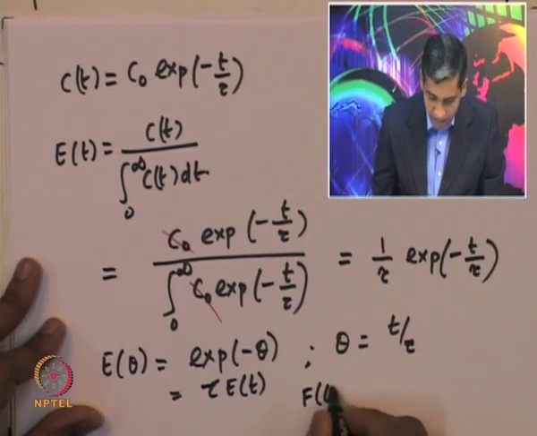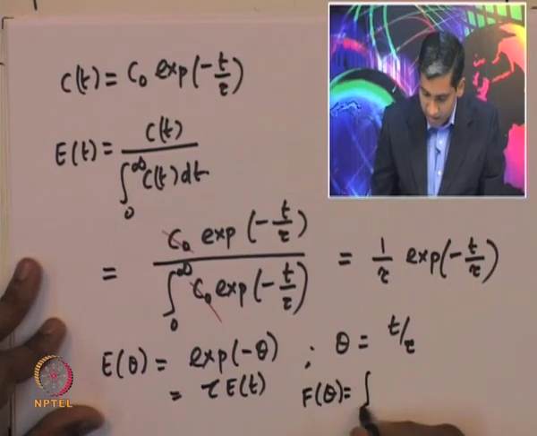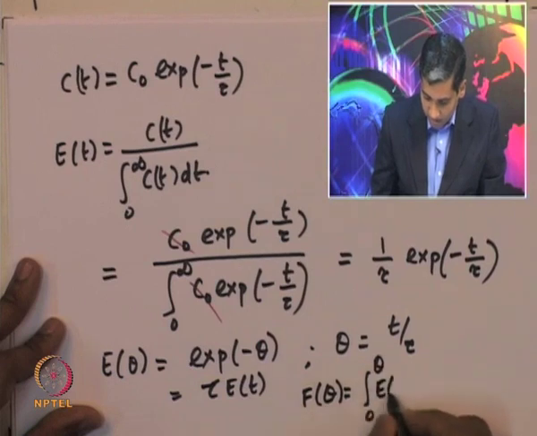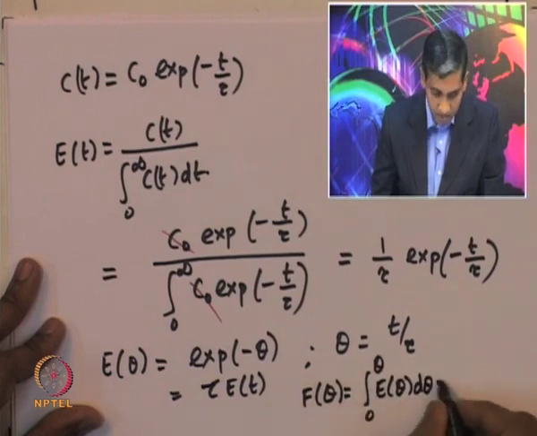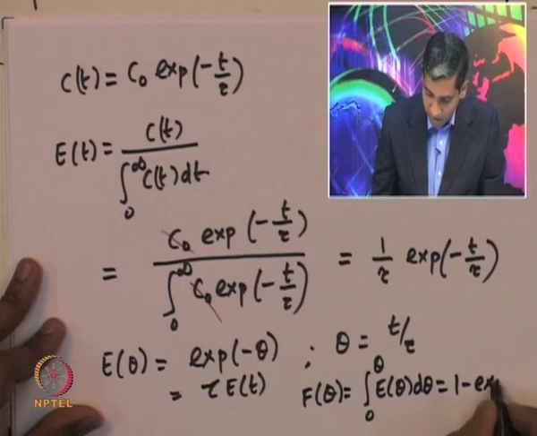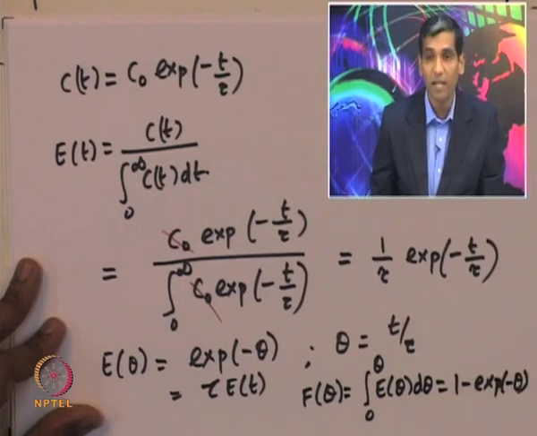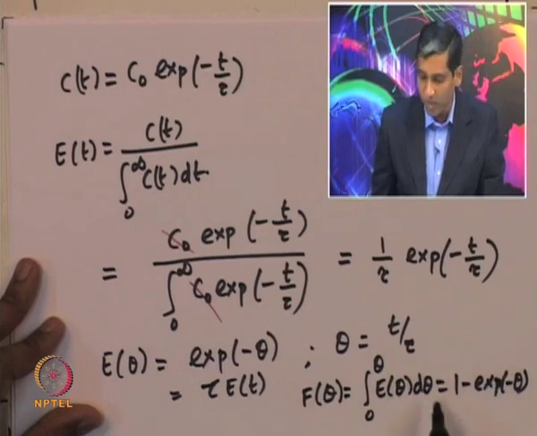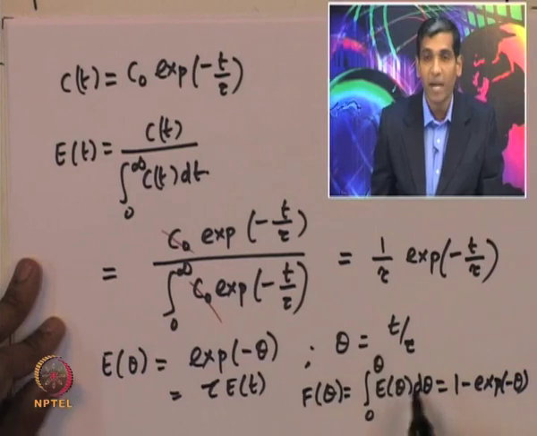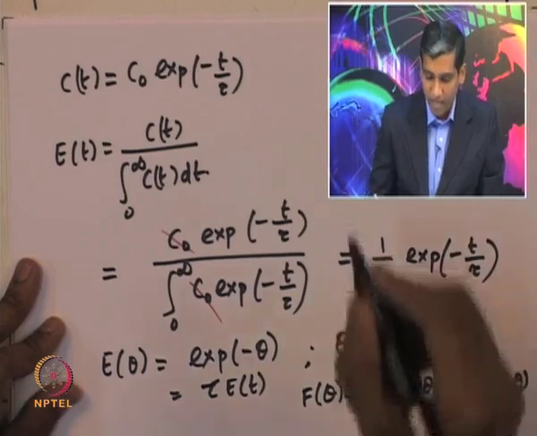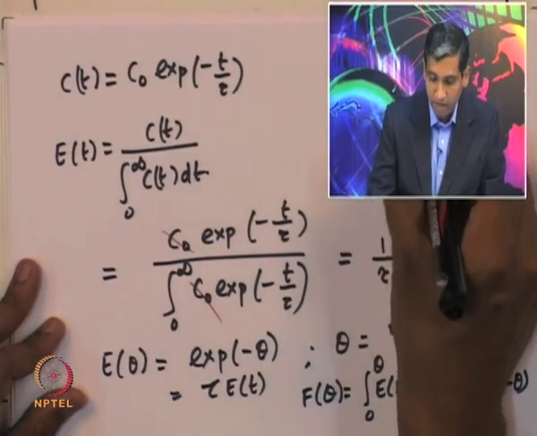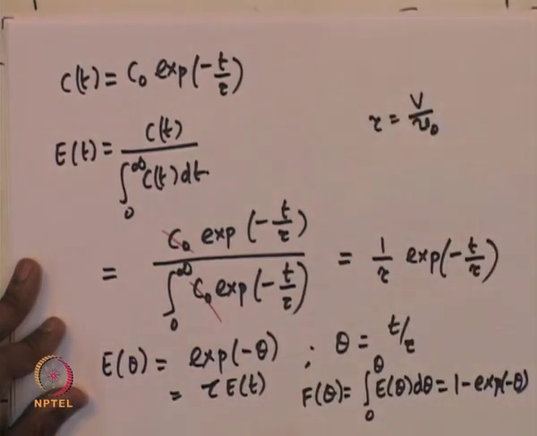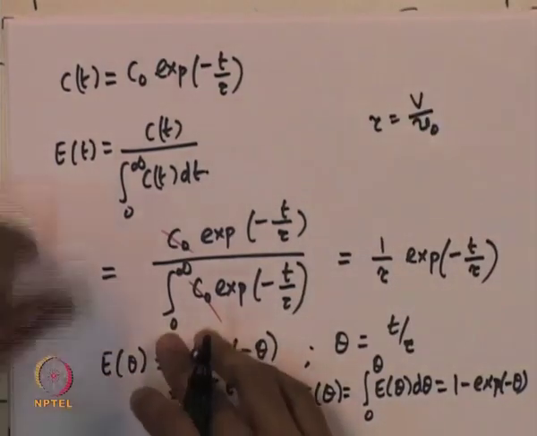F of theta is integral 0 to theta E of theta d theta, that is 1 minus exponential of minus theta, where theta is t by tau and tau is the space time of the reactor, which is nothing but V by v naught.